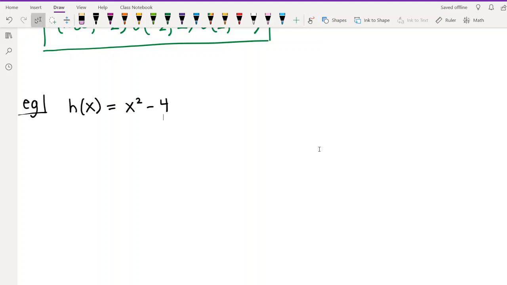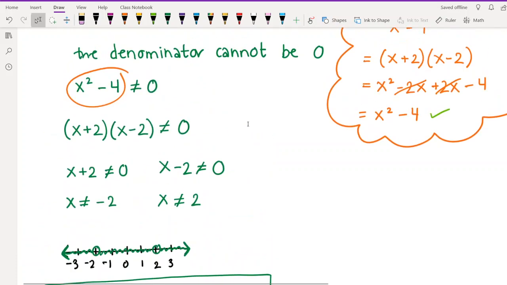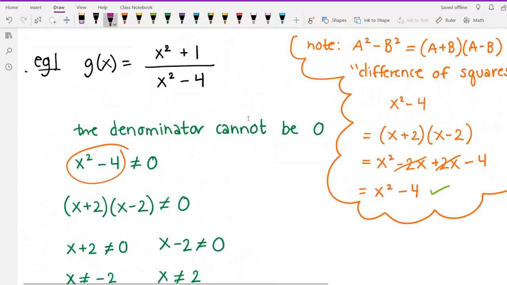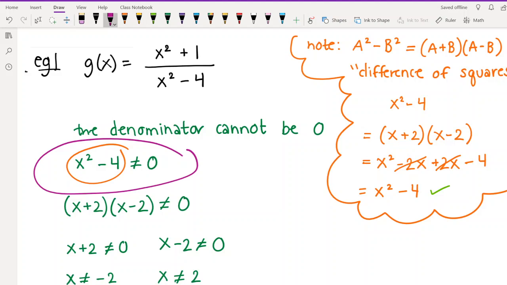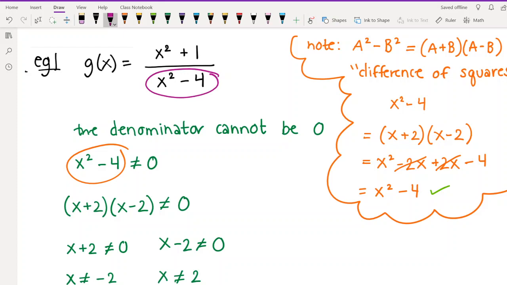So I really want you to do this step of pausing and thinking about what type of function you have before you jump into anything. So in this, why was it that we did this step? Why did we set x squared minus 4 equal to 0? Well, we did it because x squared minus 4 is in the denominator, right? And we can't divide by 0, so you can't have x squared minus 4 in the denominator.